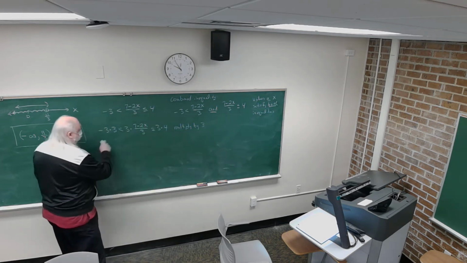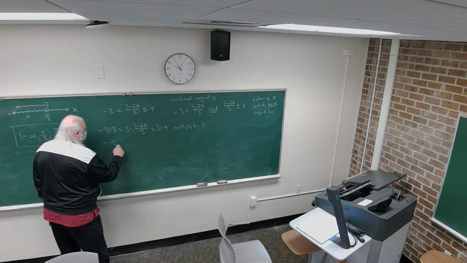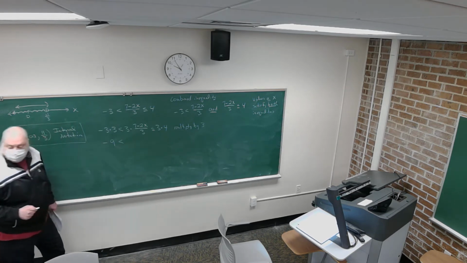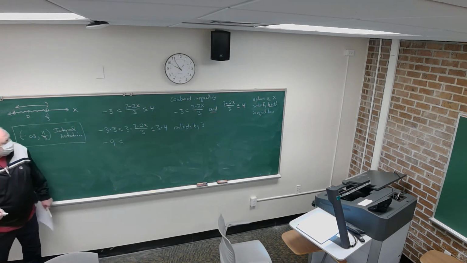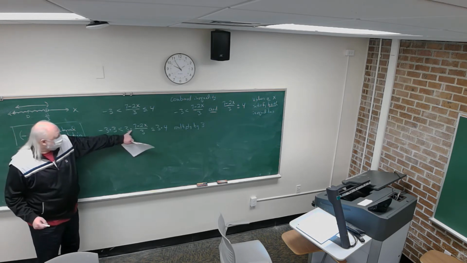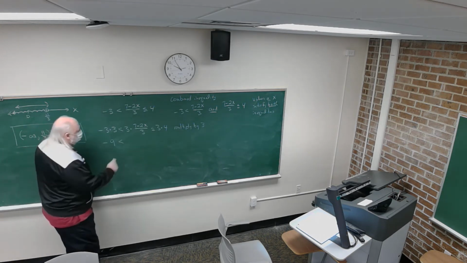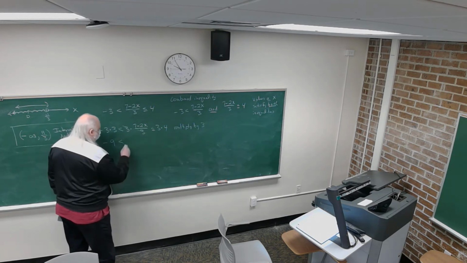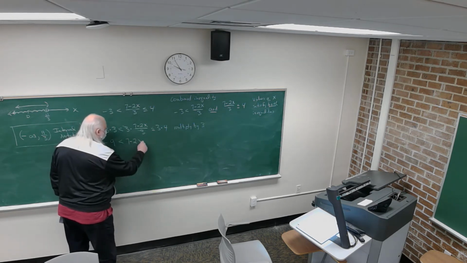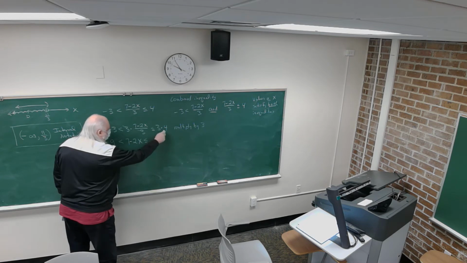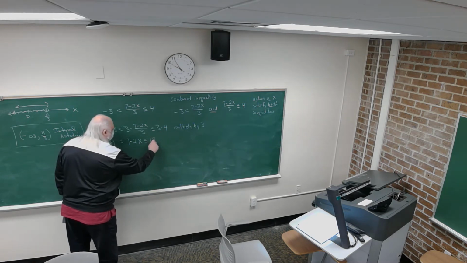Well, on the left, minus 3 times 3 is negative 9. And then in the middle, multiplying by 3 cancels the division by 3. And we're just left with 7 minus 2x. And on the right, 3 times 4 is 12.